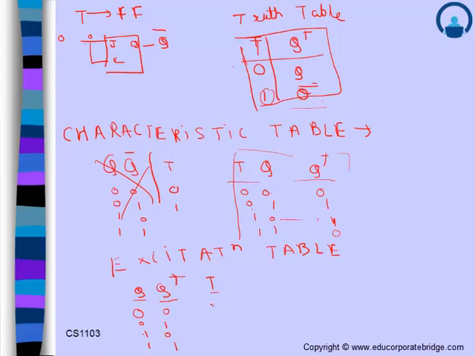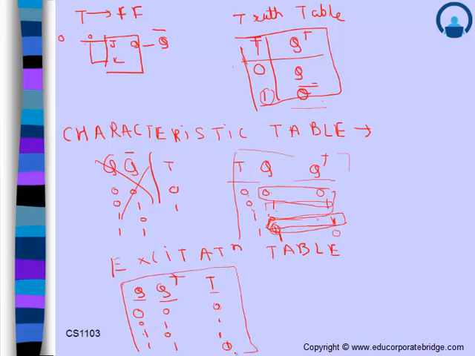Q is the output as 0, and Q plus is 0, T gives 0, so we write 0. For 1, 1, T gives 0. Similarly, for 0, 1, T is 1, and for 1, 0, the T is 1.